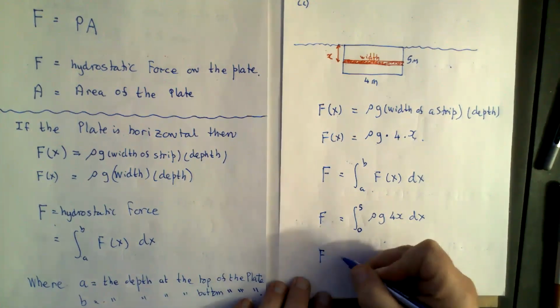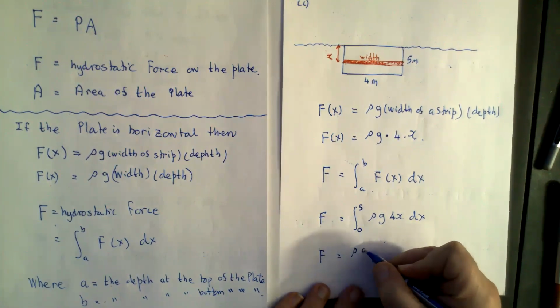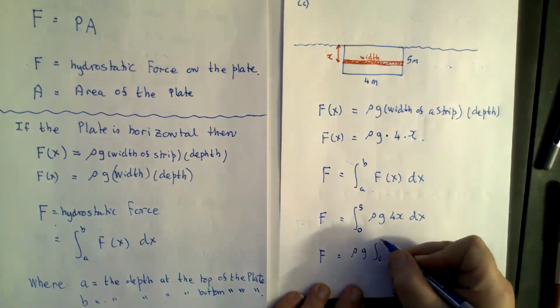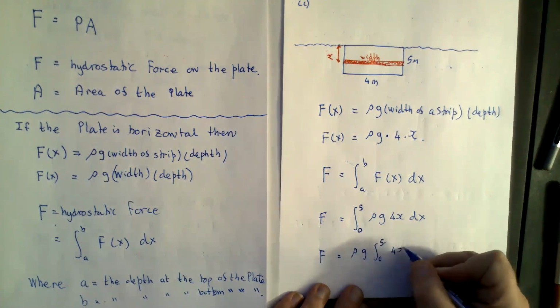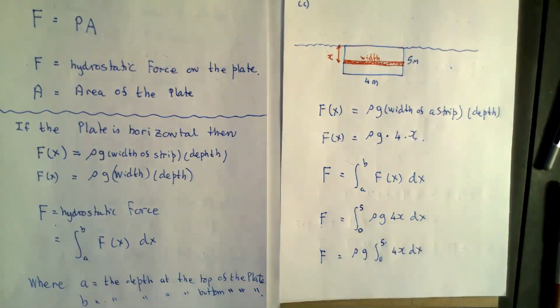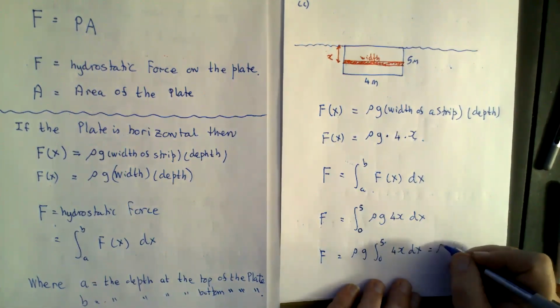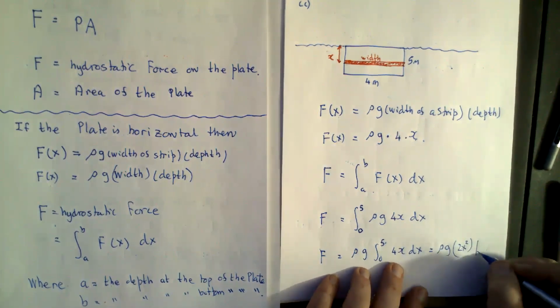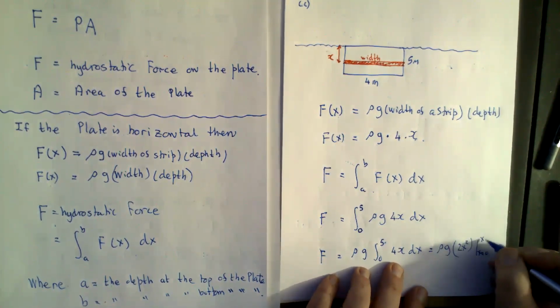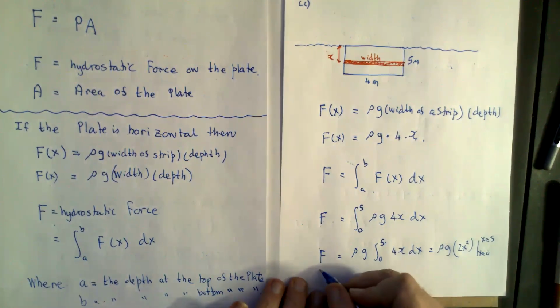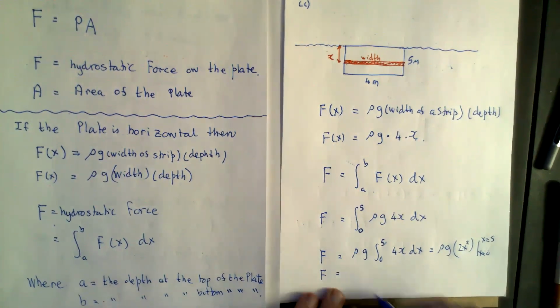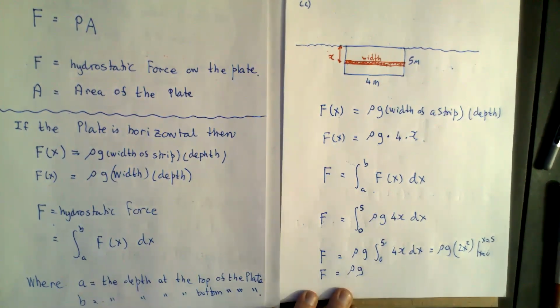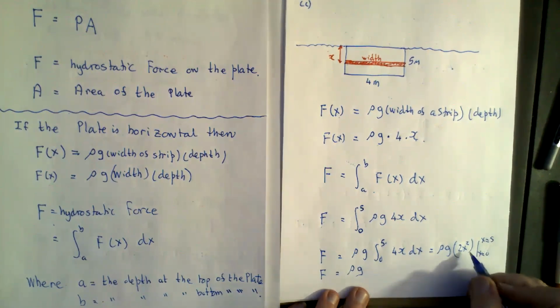So this is going to be rho g, the integral from 0 to 5, 4 times x dx, which is rho times g, 2x squared, evaluated at x equals 0 to x equals 5, which in turn becomes rho g, 2 times 5 squared, which is 50.